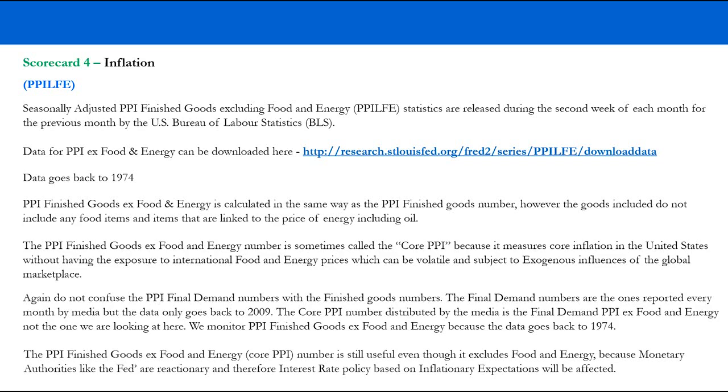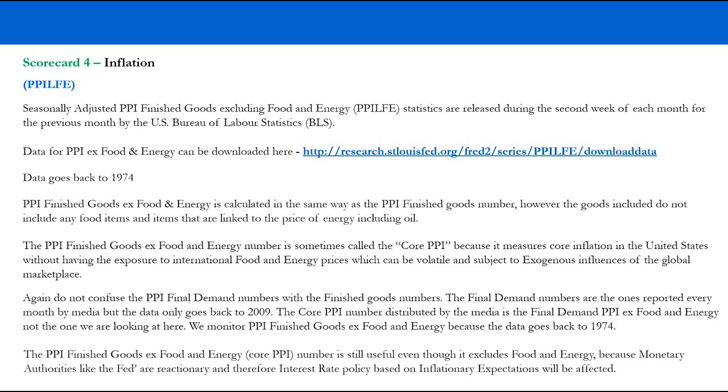because what we're doing here is we're gauging inflation and or deflation, and therefore we're gauging the possible reaction by central authorities, in this case the Fed, the reaction of central authorities to current inflation, and in this instance business inflation.